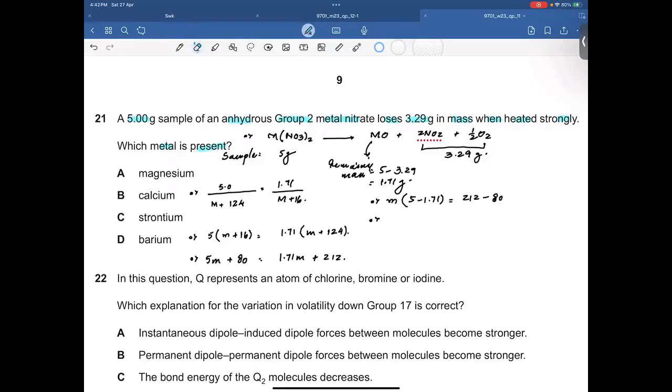So it's going to be M times (5 minus 1.71) equals 132.